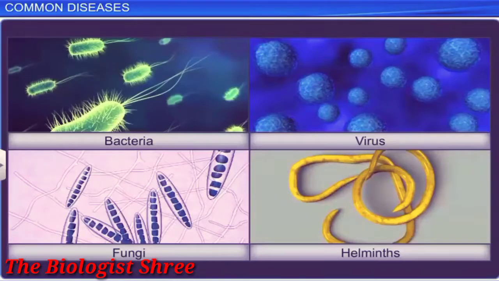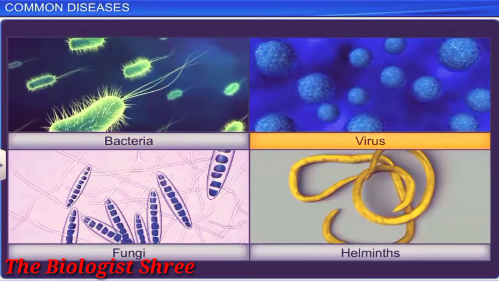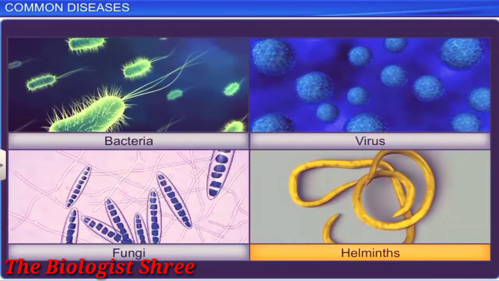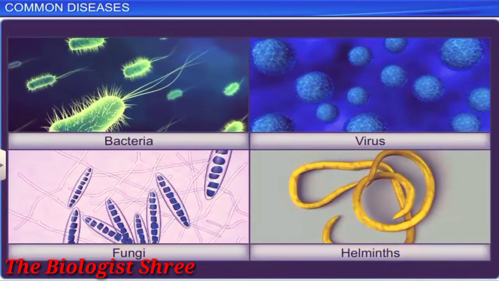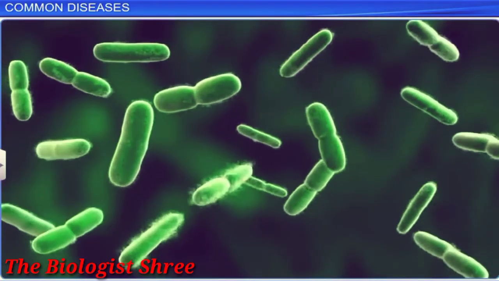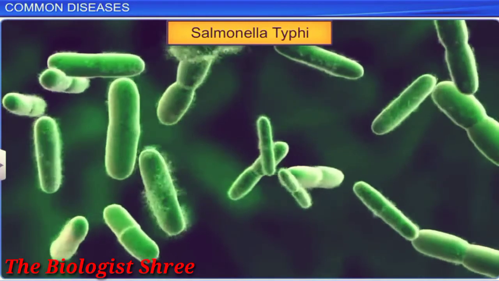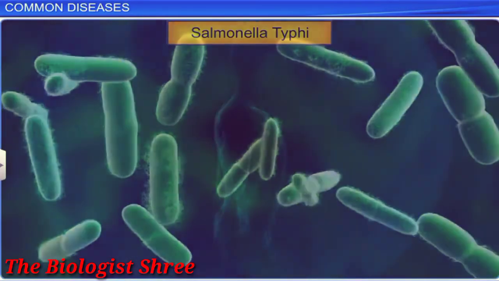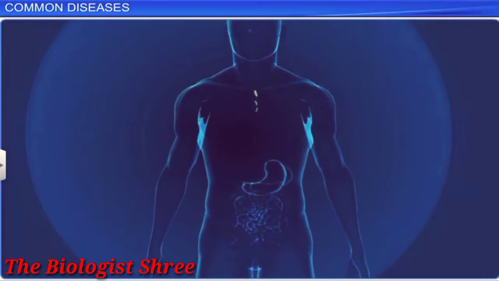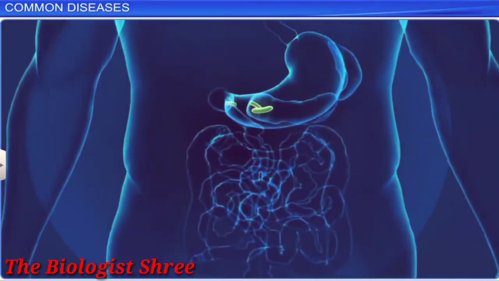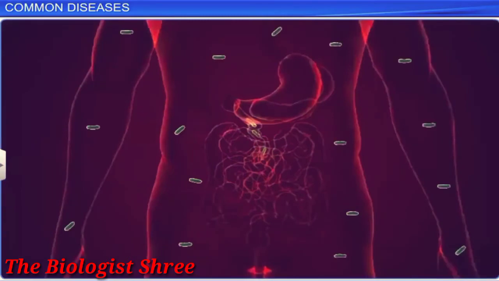Some common pathogens are bacteria, viruses, helminths, and fungi. The bacteria Salmonella typhi causes typhoid fever in humans. Usually, these bacteria enter the small intestine via contaminated food or water and migrate to other organs via the blood.